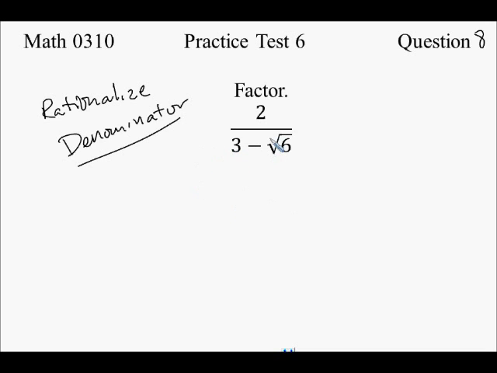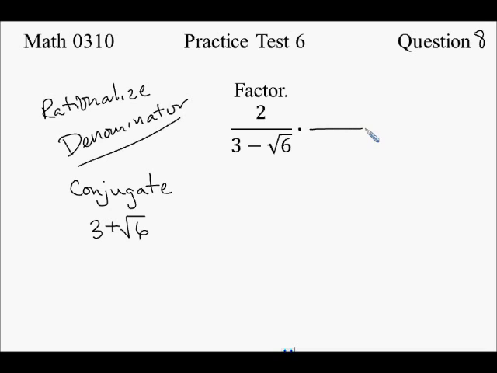So instead of just multiplying by this square root 6 on the bottom, we actually need to multiply by what is called the conjugate of the denominator. The conjugate is the same as this 3 and square root 6, but instead of being the difference of 3 and square root 6, we're going to multiply by 3 plus square root 6.